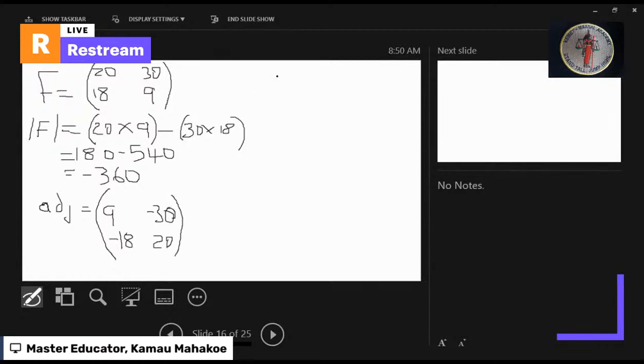So for the inverse of F, it's 1 over the determinant, so it's negative 1 over 360 times the adjoint: 9, negative 30, negative 18, and 20.